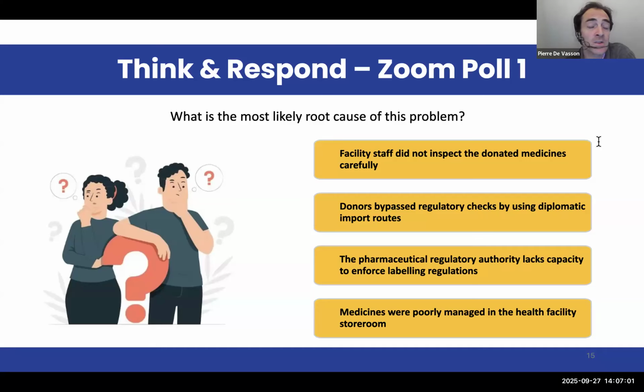Of course, there's always secondary or tertiary root causes that could be solved, but it will not have a full impact. The real root cause is that the regulatory authority should do their job in setting the law on donations, number 1. Number 2, to inspect.